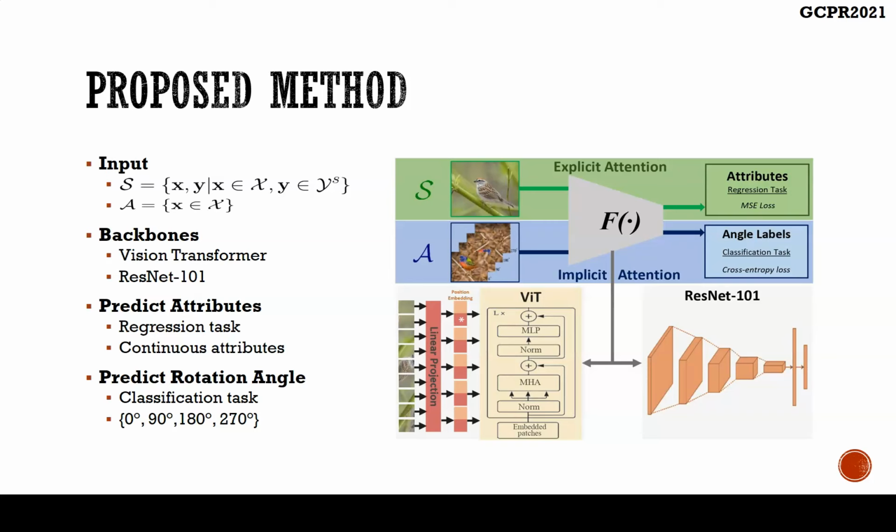On the other hand, in the implicit attention, the model predicts the rotation angle and captures the visual features implicitly in a self-supervised approach. In the testing phase, the model predicts attributes where cosine similarity between the predicted attributes and every class embedding is computed, which is then used to predict the class label.